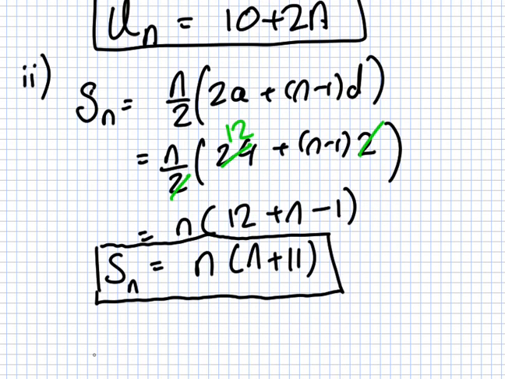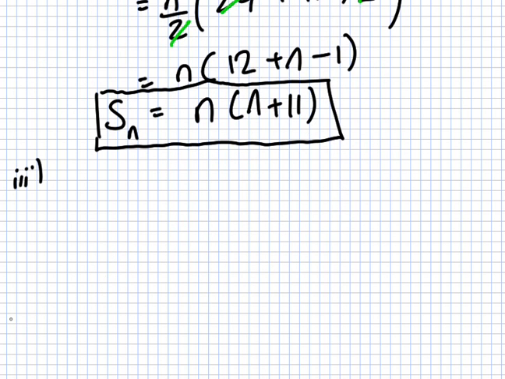So then part 3 is, calculate which floor the company is working on after 200 days. So after 200 days of work, what floor are they on? Yep. Exactly right. So Sn is 200.